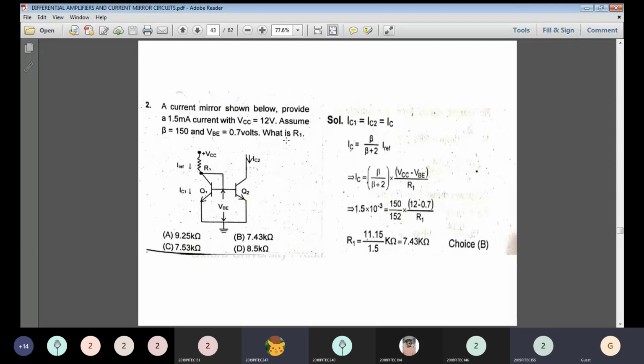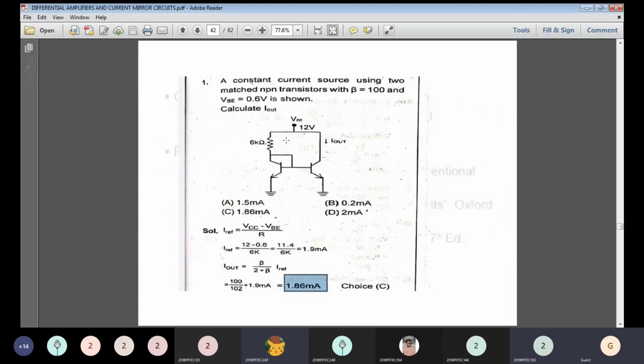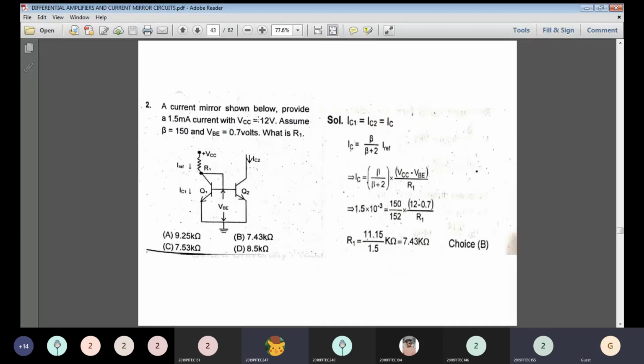In the previous problem, they asked you to calculate the output current, I out. But in this problem, you are supposed to calculate the resistance value R1.